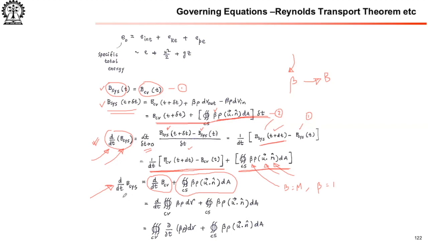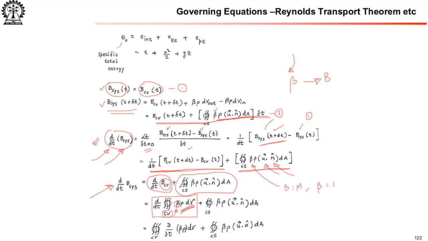Now, this above expression can be written as d by dt of beta times rho. This is just the mass, and remember, this beta is the connector, the property per unit mass. So to get B, that property, which can be mass or momentum or energy, all you have to do is multiply the corresponding intensive property with the mass, in this case the differential mass element, and then integrate over the entire control volume.